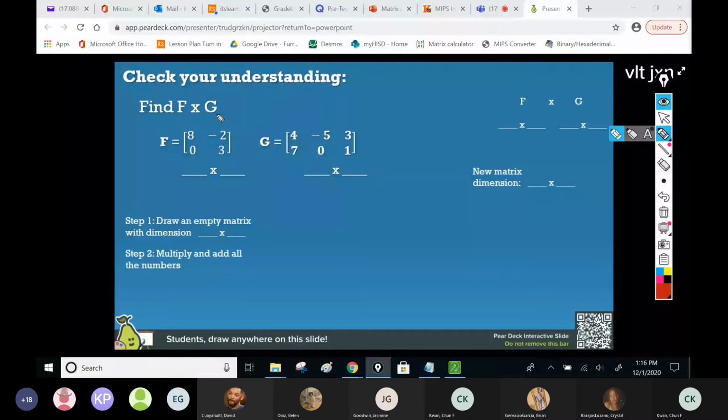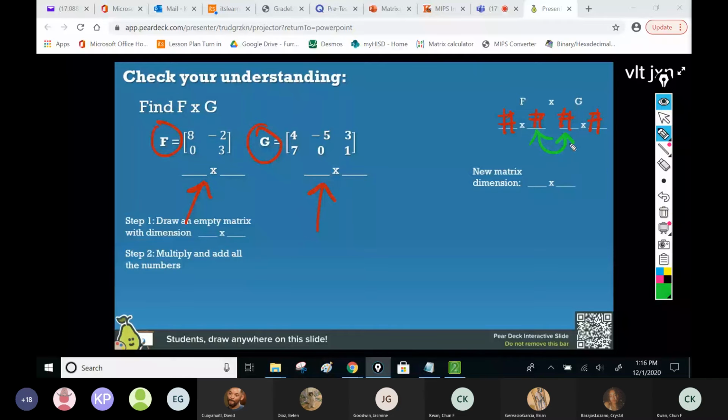So check if there's a solution first, because if there's no solution, you don't have to do it. So first thing, you have to have a solution. You will start with the dimensions of F and G. After you figure out the dimensions, write them down, and then check the inner numbers. See if they match. If they match, unfortunately, you're going to have more stuff to do.